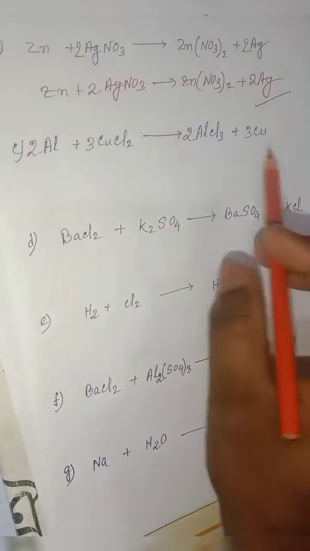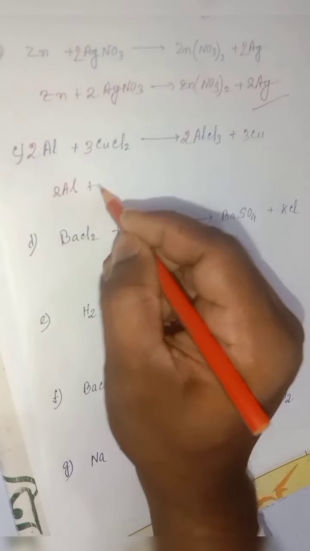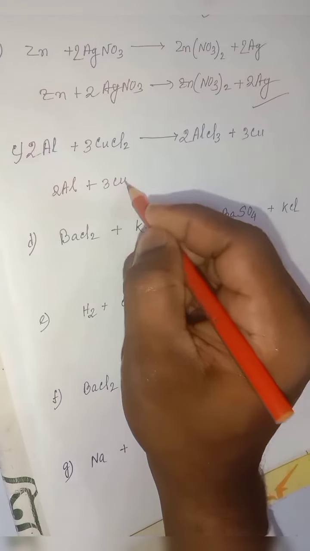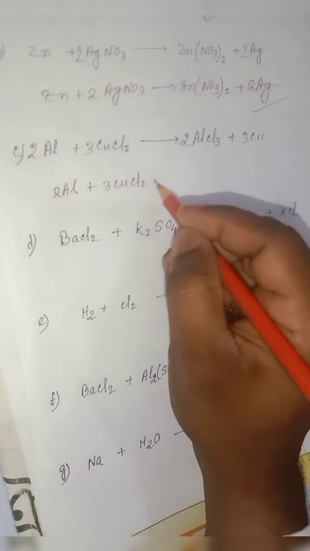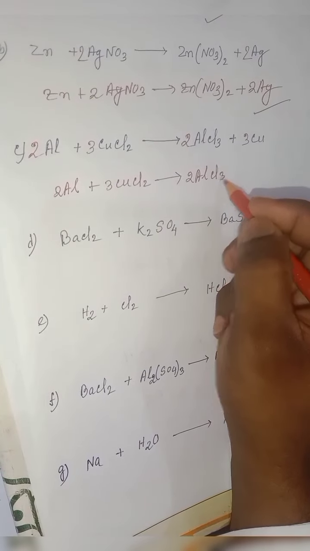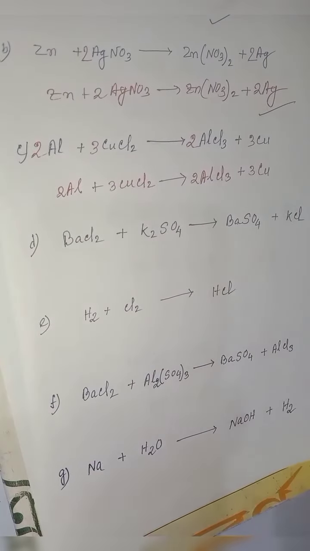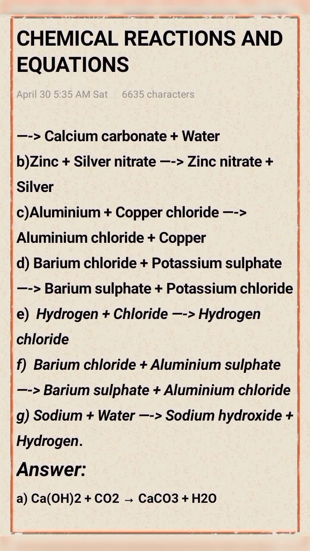So the equation is balanced, that is 2Al plus 3CuCl2 from 2AlCl3 plus 3Cu. Okay.